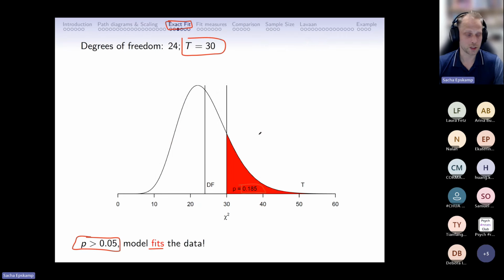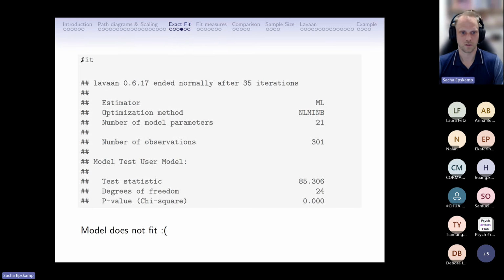All right, so in theory this is very nice, and this is what you should always report if you do an SEM or CFA model. But in practice, you'll get output like this from lavaan, the function we use for latent variable analysis. Lavaan ran 301 observations, those are the people in the data.